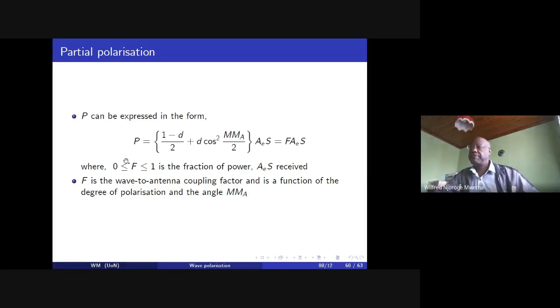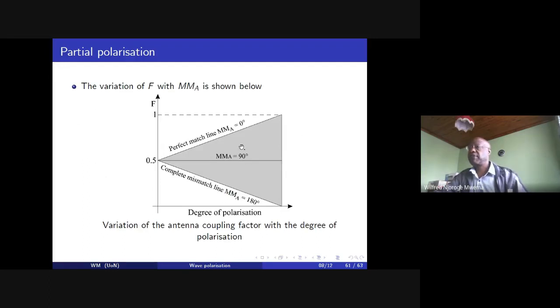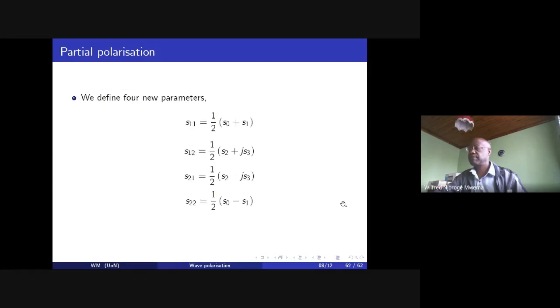So F is the wave-to-antenna coupling factor, and is a function of the degree of polarization as well as the angle. Roughly speaking, it would vary as shown with the degree of polarization, where it goes to 0 when we have complete mismatch, and goes up to unity when we have perfect match between the wave and the antenna. But most of the time, we'll have only half of it when that value is 90 degrees.